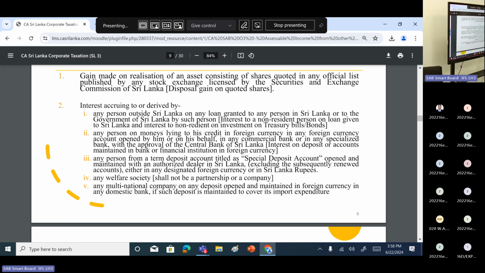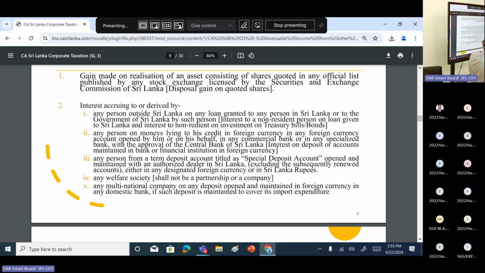All of us cannot open a foreign currency account. They should have a foreign income source. If that is the case, we can open one. Otherwise, there is no possibility of opening a foreign currency account, right?